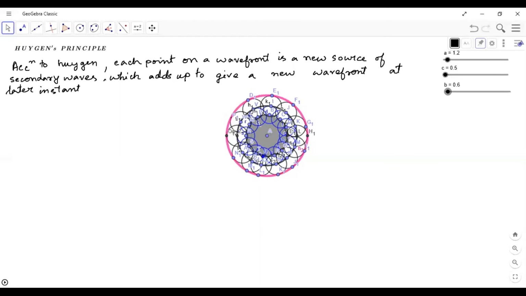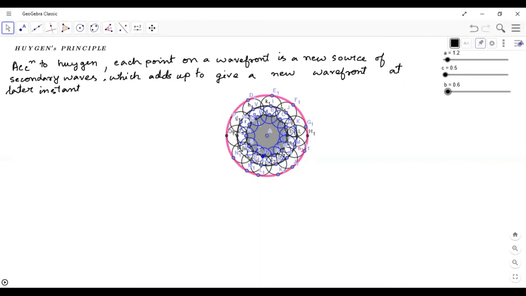So we can see here that the points on the second wavefront are emitting light in all directions, because of which they have their own wavefronts.